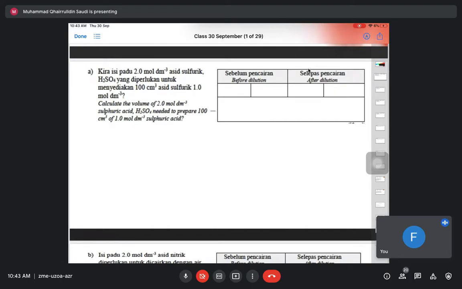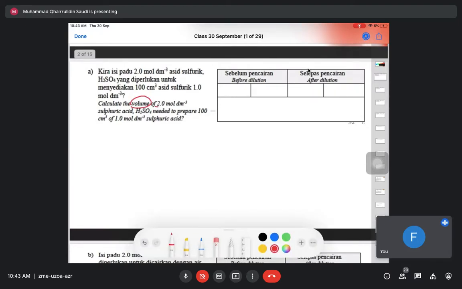Question A, calculate the volume of 2.0 mole per dm cube sulfuric acid needed to prepare 100 centimeter cube of 1.0 mole per dm cube sulfuric acid. So you have to know what is the molarity and volume before and after.